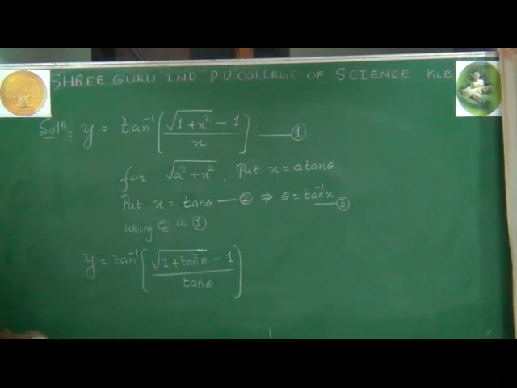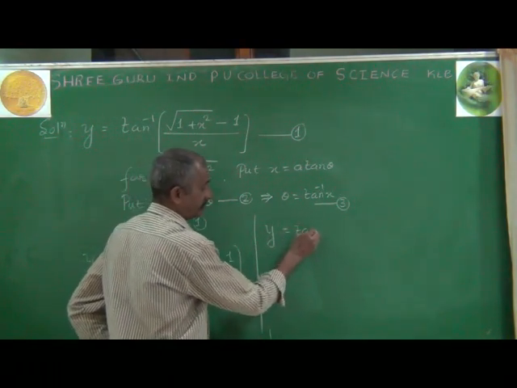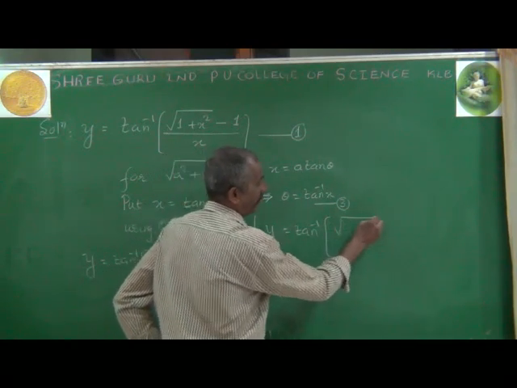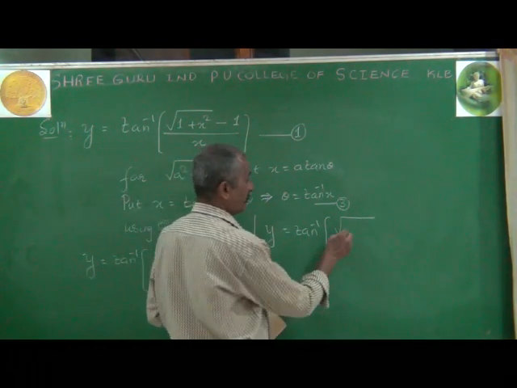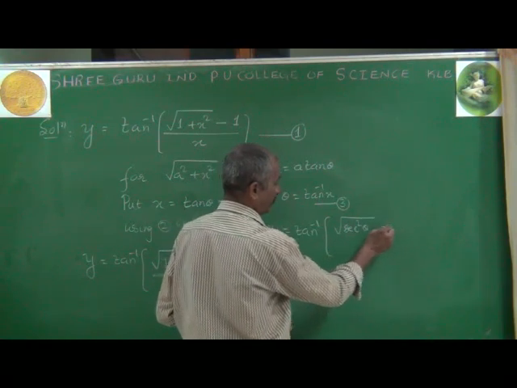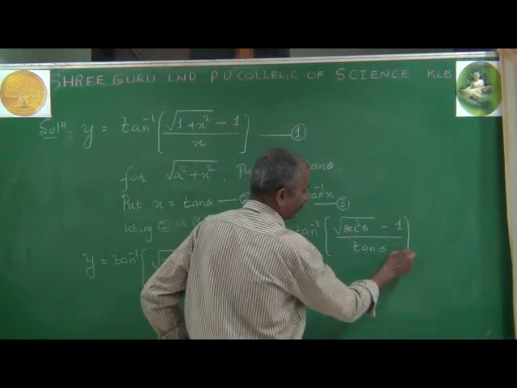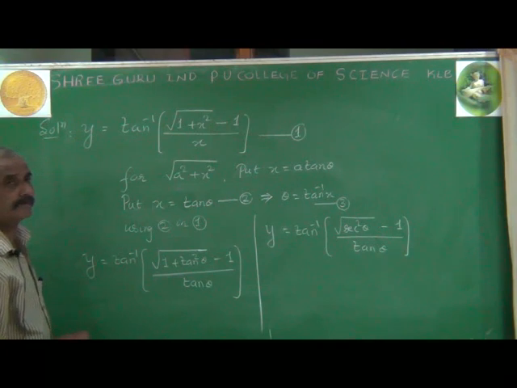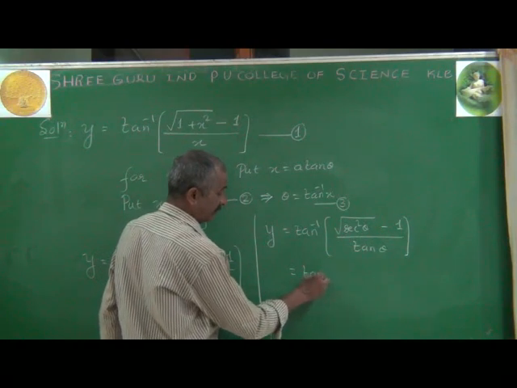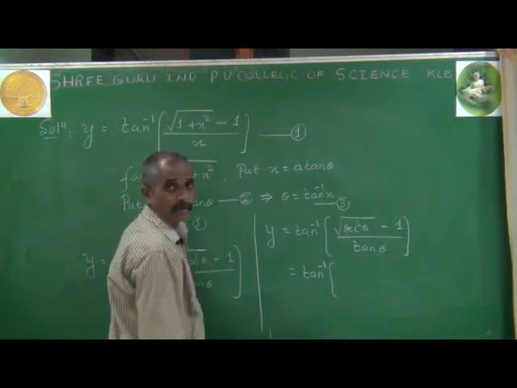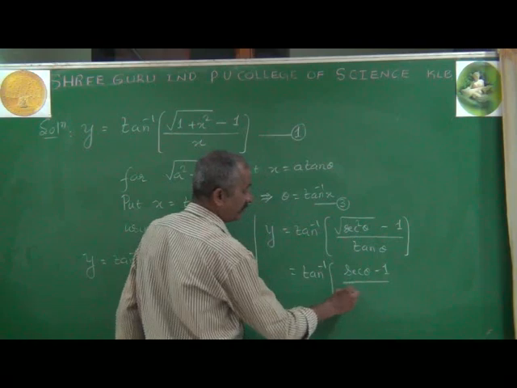Let's apply trigonometrical steps now. y is equal to tan inverse of square root of 1 plus tan square theta, which is secant square theta. So it is square root of secant square theta minus 1 divided by tan theta. That equals, in the next step, tan inverse of root of secant square theta, meaning secant theta, minus 1, whole divided by tan theta.